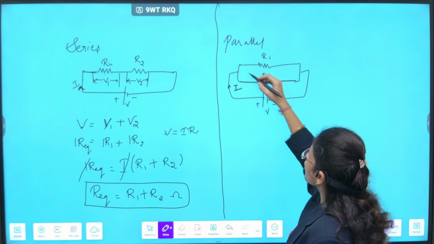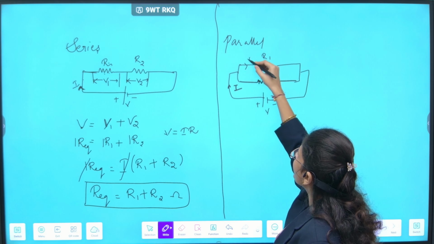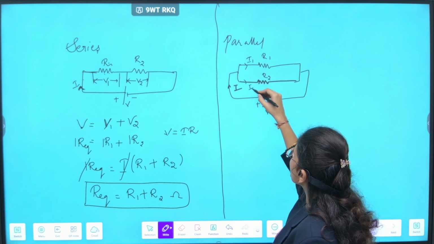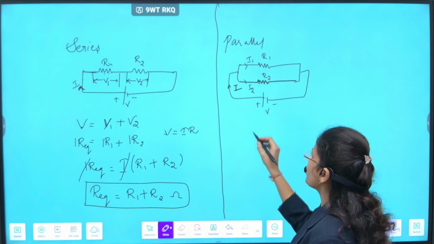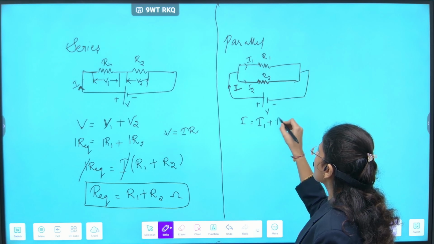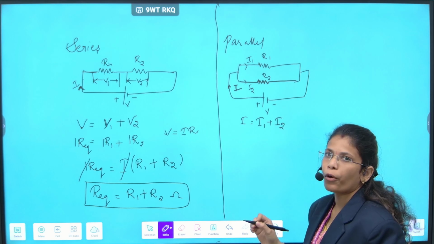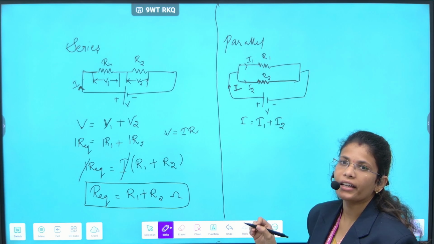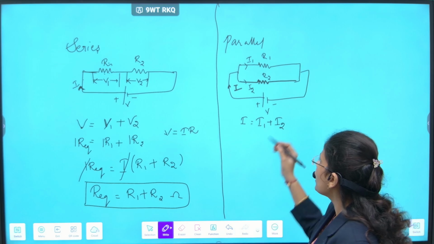In parallel connection, the current is divided and the voltage is the same across the resistors. So I is divided as I1 plus I2. I1 is flowing through resistor R1 and I2 is flowing through resistor R2.